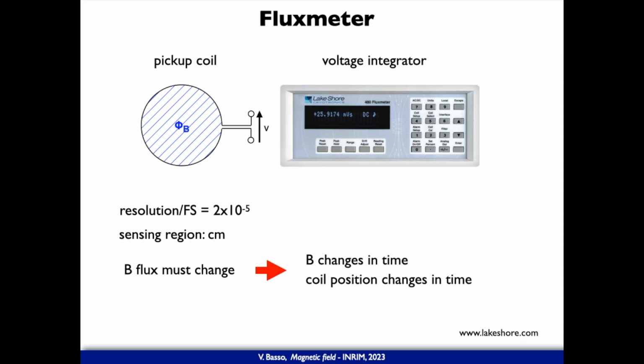These instruments exist. These voltage integrators are called flux meters. They are commercially available, and essentially they give a value in volt per second that is converted into the units of the flux of the magnetic field.